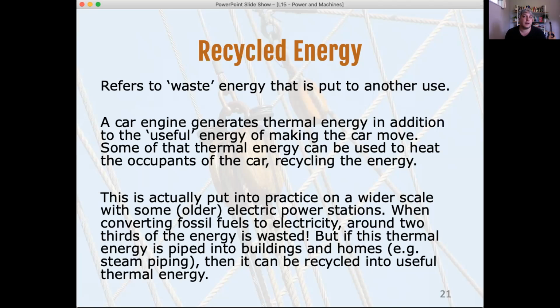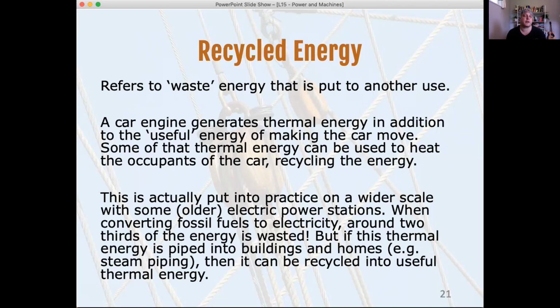You take that thermal energy and pump it into the car, and then you can heat up the occupants, make them a bit warmer. There are older power stations, which I believe are still in use, mostly in the United States, but there may be others. They would do the same sort of idea, but they would pump that waste energy as steam into nearby buildings to provide heating for those buildings.